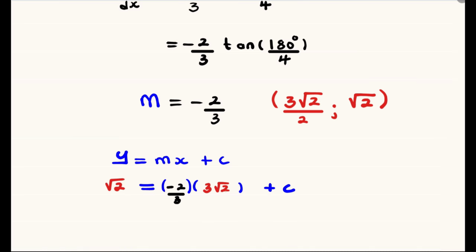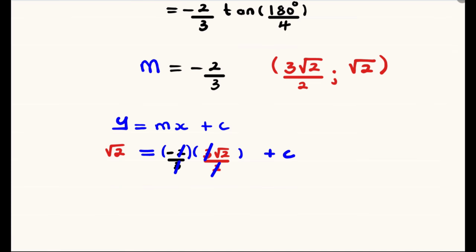That 2 and that 2 will cancel out, and the 3 and that 3 in the denominator will cancel out, and we'll be left with the square root of 2 equal to negative the square root of 2 plus c, and our c will be equal to 2 times the square root of 2.